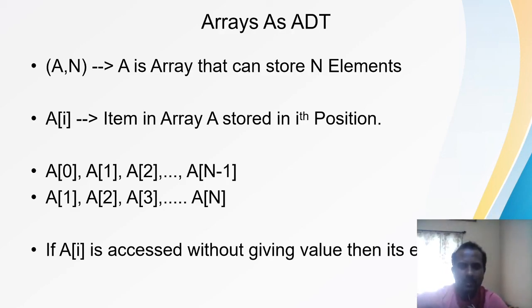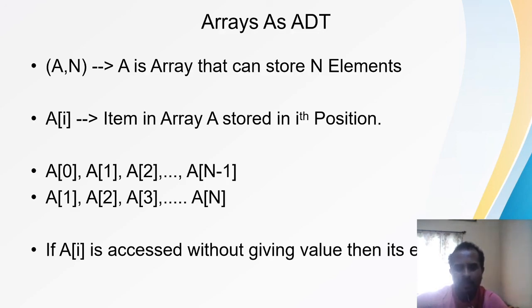Okay. So let us come to the ADT or abstract data type. Abstract data types are also similar to your user-defined data type, which defines the operations on the values by using functions. But it will not specify what is used inside the function and how the operation is getting performed.